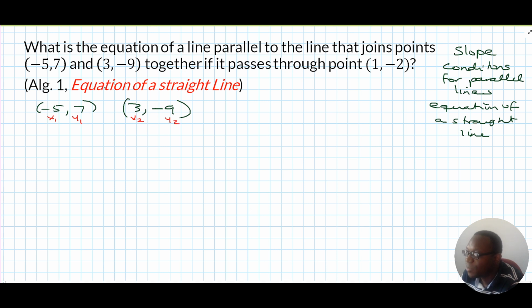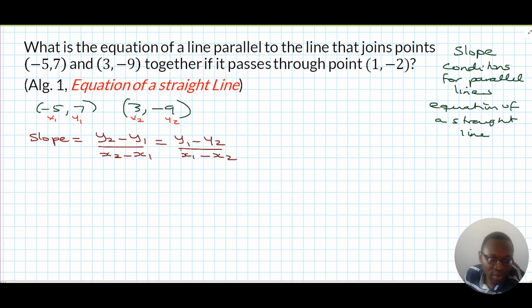So our slope, the slope of any line is the rise over run, which is y2 minus y1 over x2 minus x1. You can also say y1 minus y2 over x1 minus x2. It doesn't matter which way you go about it, they'll get you to the same spot. So the slope of this line, y2, is -9. This is the most commonly used approach.